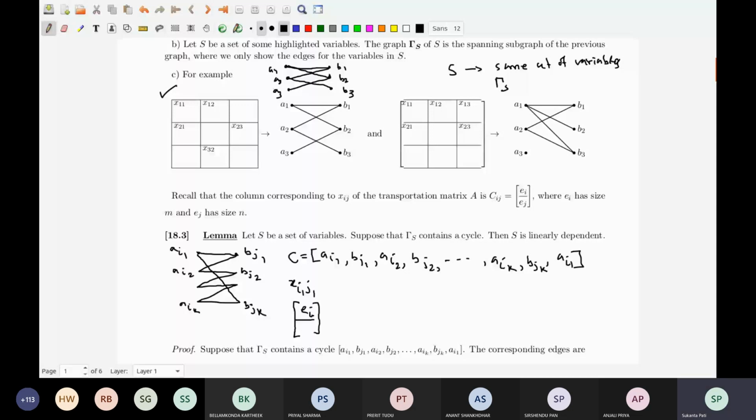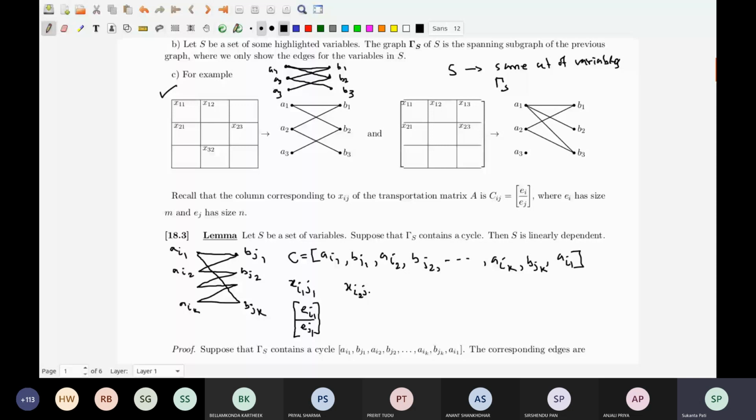Then is XI2J1. Remember the variables: their first subscript is from the left, the second subscript is from the right. So you do not write XJ1I2, but you write XI2J1. And this one is of the form EI2 by EJ1.